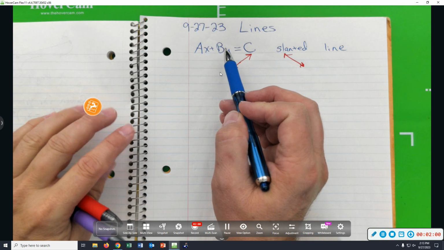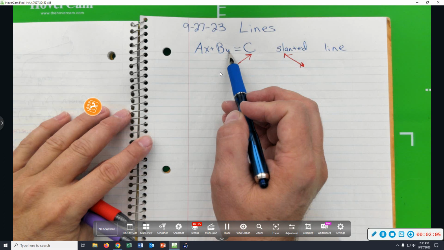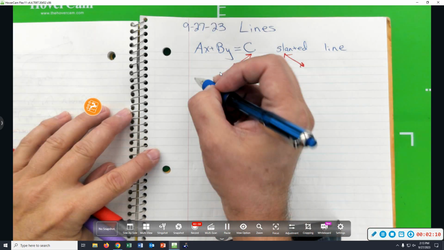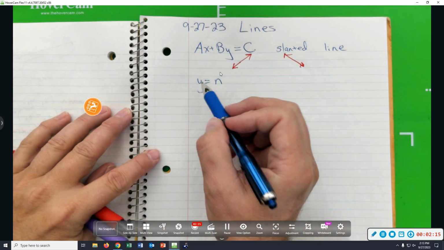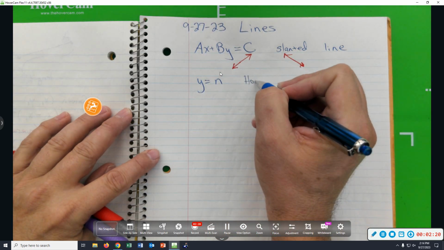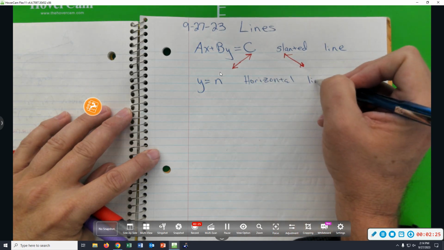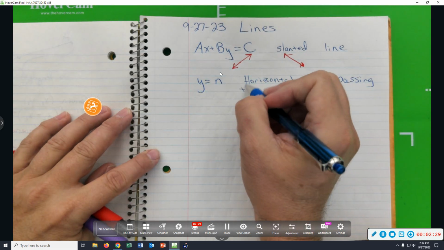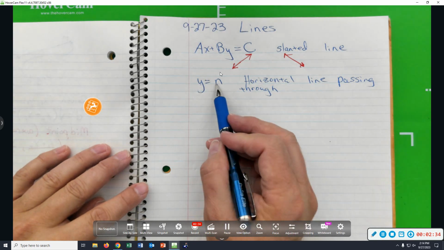So for our purposes, if you have an equation that has just the variable y, get rid of that coefficient in front of it. I'll write it as y equals a number n. There's a y variable but no x variable. In that event, the graph will be a horizontal line passing through the y-axis at the number n.